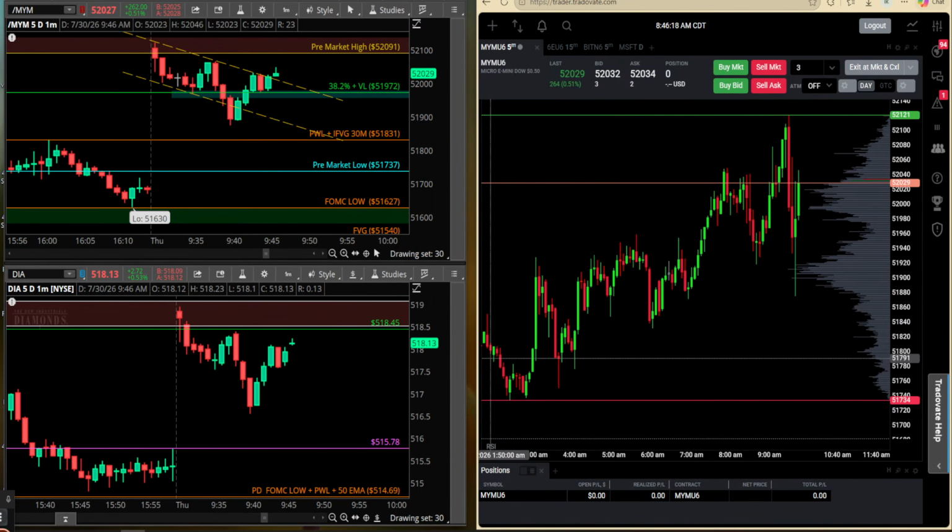so interesting. Okay, so we are building an inverse head and shoulder. Our neckline would be the pre-market high and opening range high. This looks like an inverse head and shoulder.